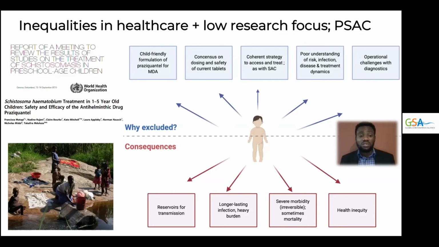Some of the consequences of this exclusion include the fact that these kids become reservoirs for transmission, they have longer lasting infections with heavier burdens, there's severe morbidity and sometimes mortality, and all of this put together results in serious inequalities in healthcare, in addition to a low research focus on preschool-age children when it comes to schistosomiasis.